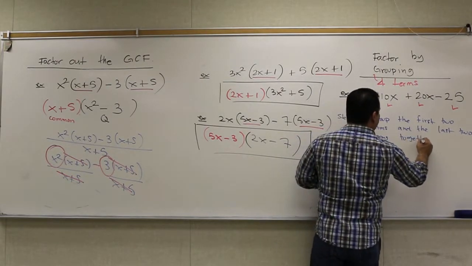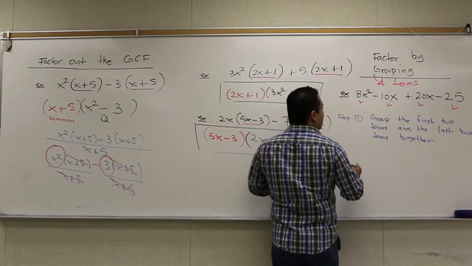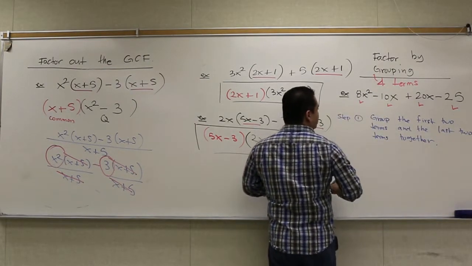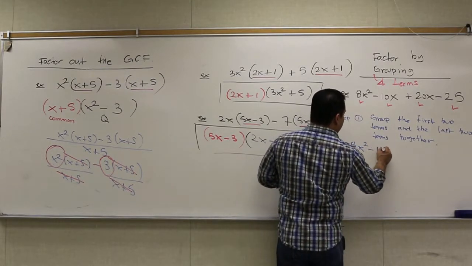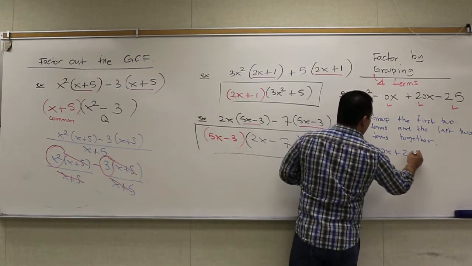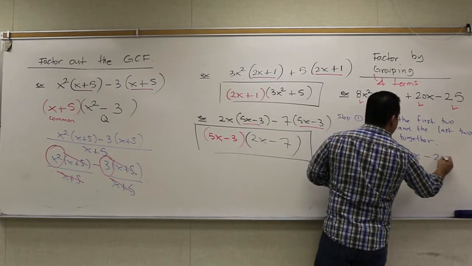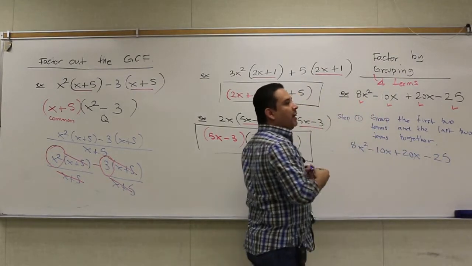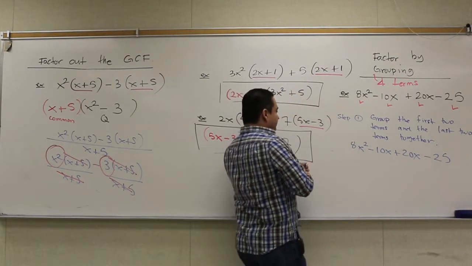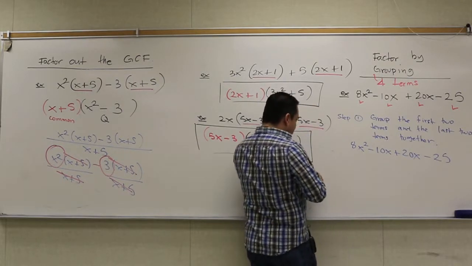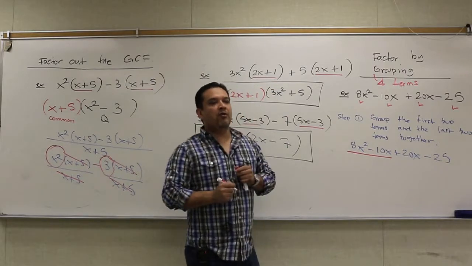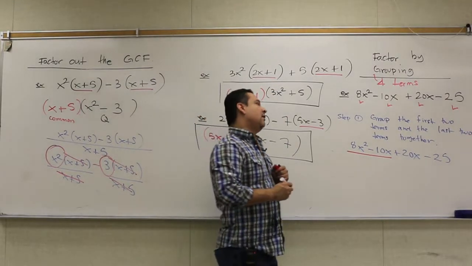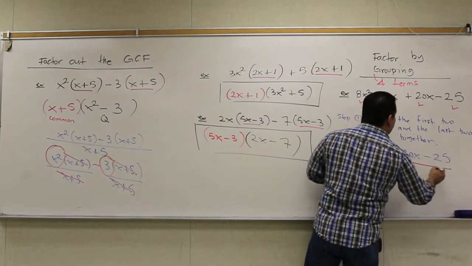And you say to me, what does that look like to group the first 2 and the last 2? Well, you got 8x squared minus 10x plus 20x minus 25. What I do really is, well, I really don't even do this, but okay. Put a line under the first 2 terms. You just group those 2 in a sense. Put a line under the last 2 terms.